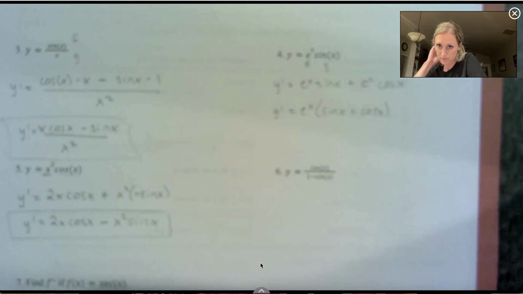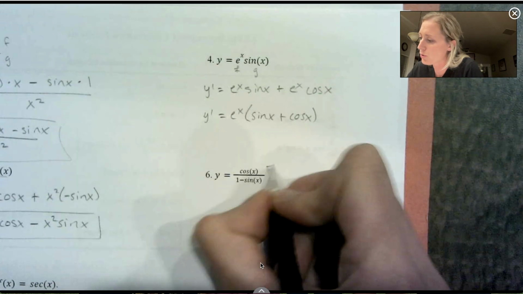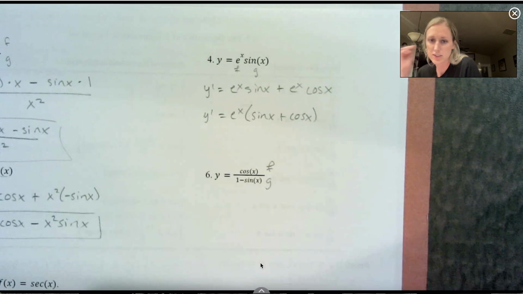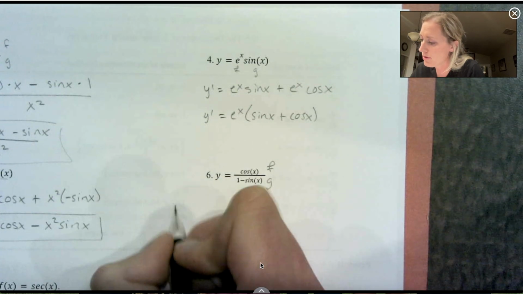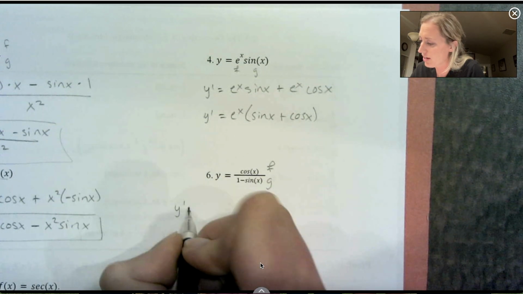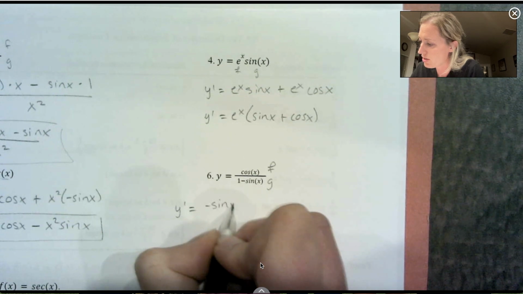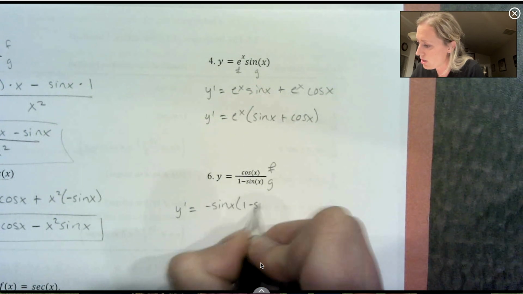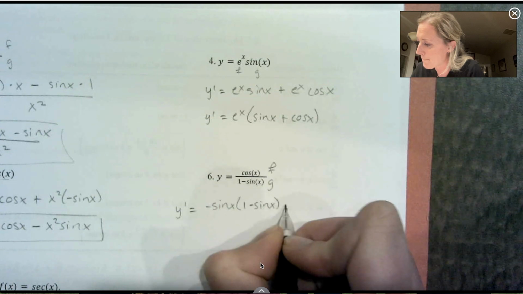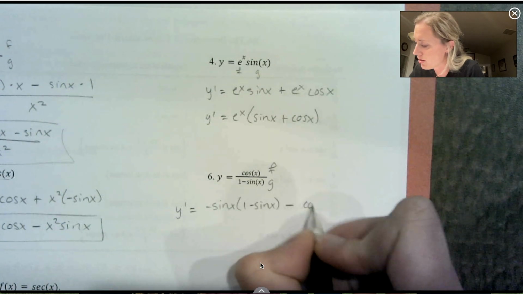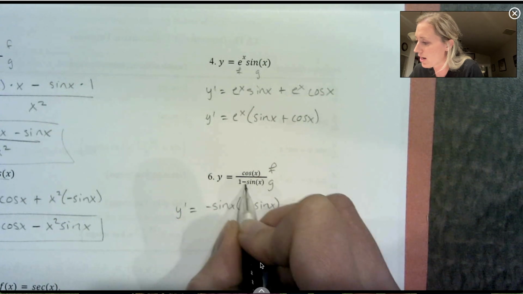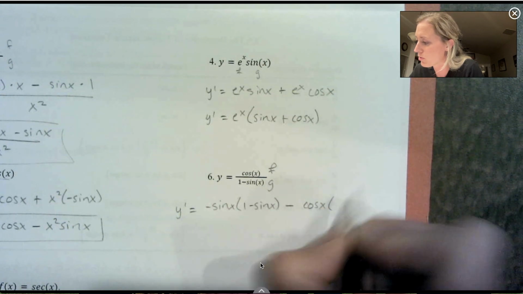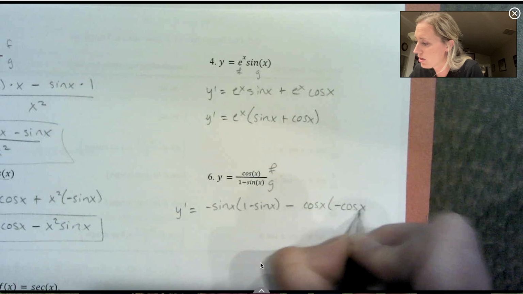Okay? All right, cosine. We're going to use our quotient rule. Cosine is my f, 1 minus sine x is my g. Okay, so f prime is going to be negative sine x times g. Okay, minus f times g prime. So I'd get 0 there, and then that negative would make that negative cosine.